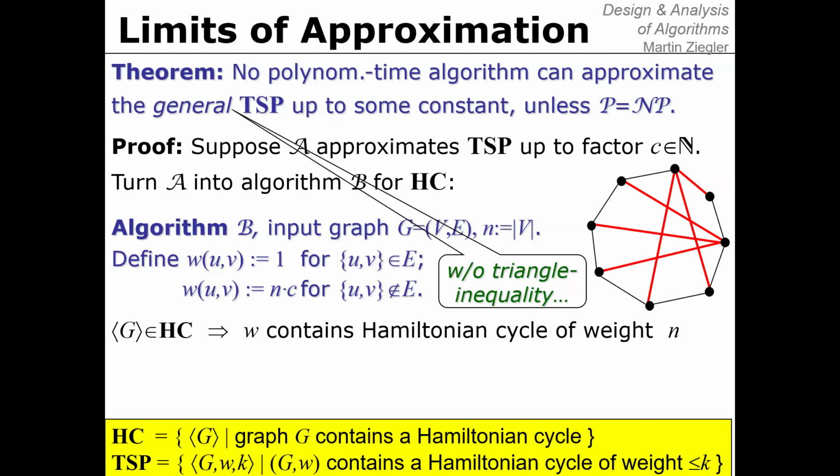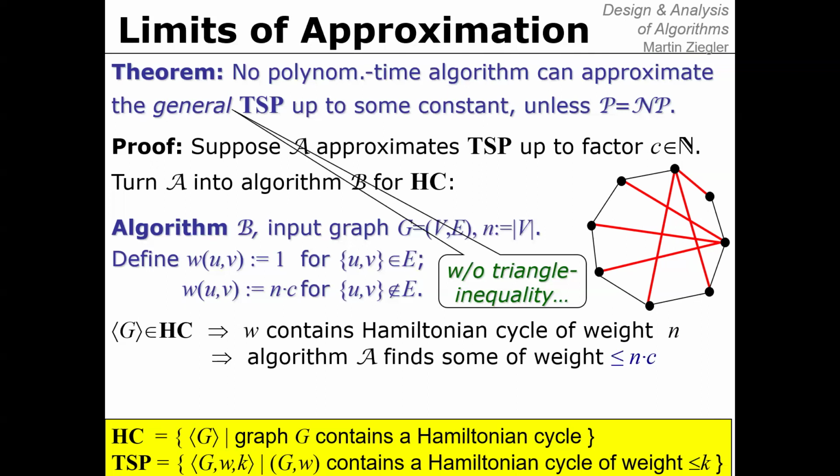More formally, if the original graph has a Hamiltonian cycle, then the new weighted complete graph also has a Hamiltonian cycle, which uses only the original black edges of weight 1, which add up to weight n. Since it's a Hamiltonian cycle, it visits every vertex once, and therefore traverses a total of n edges of weight 1 each in this new weighted graph.